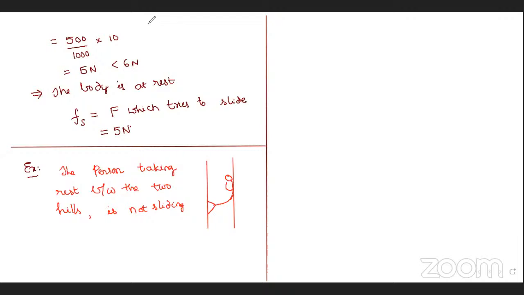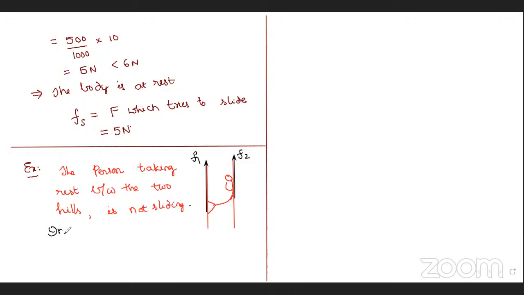In that case, he found some friction at the first hill. If he tends to slide down, friction will act in the opposite direction. So at the first hill, at the legs, you will find some friction. And because of the back taking support at the other hill, he will get another friction. So two frictions you are finding, F1 and F2.